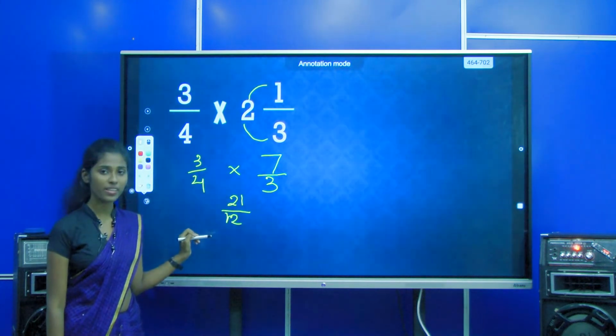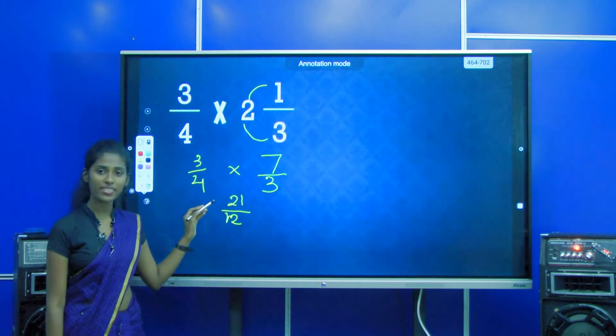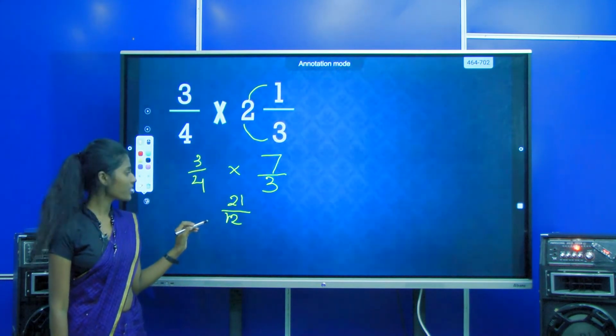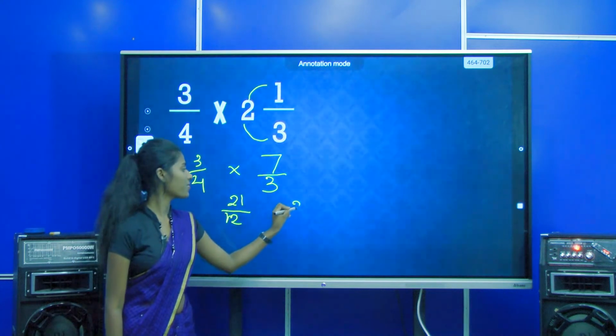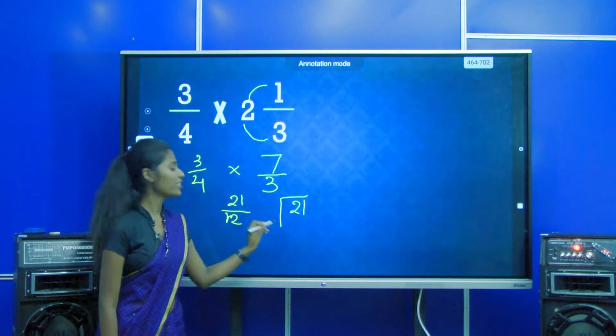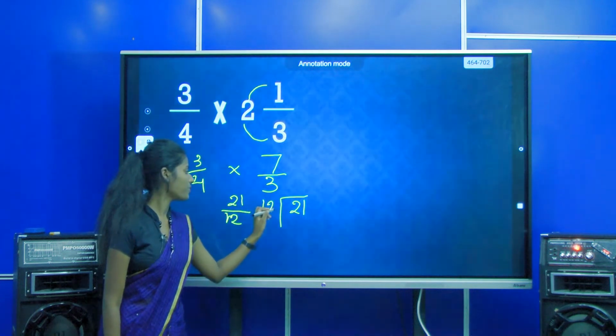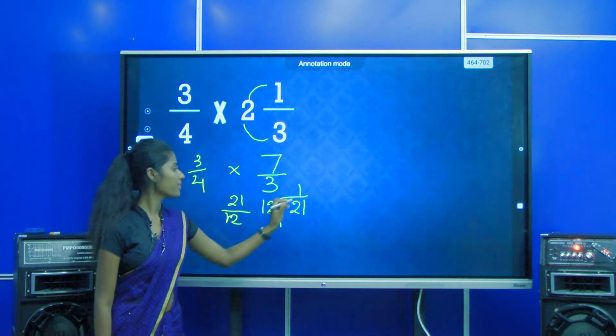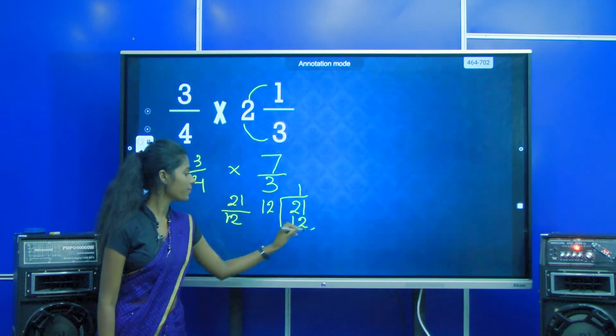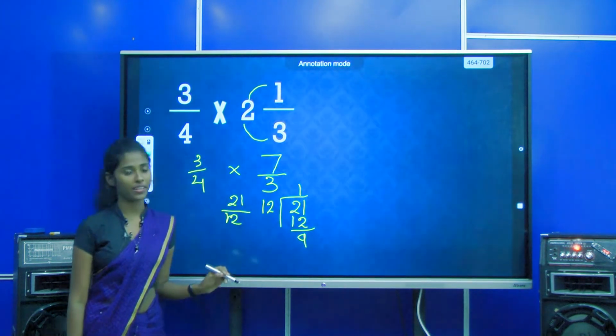21 over 12 is the answer. Now you can see this is an improper fraction. We are going to convert this fraction into a mixed number. 21 divided by 12, 1 times 12, 12, 9 are remaining.